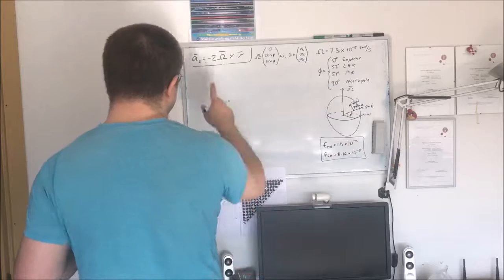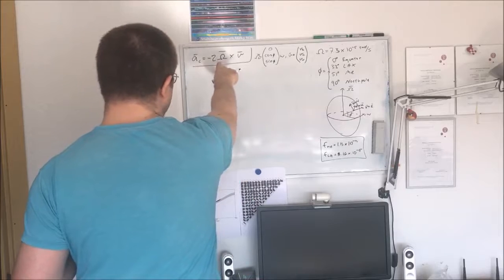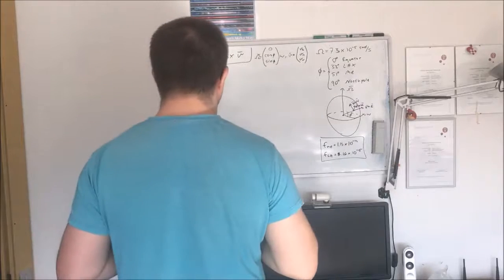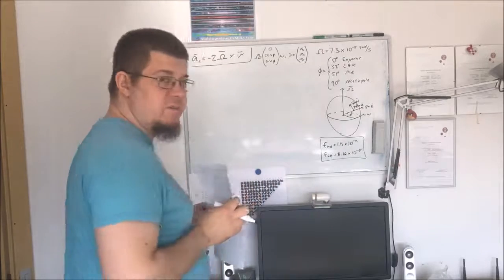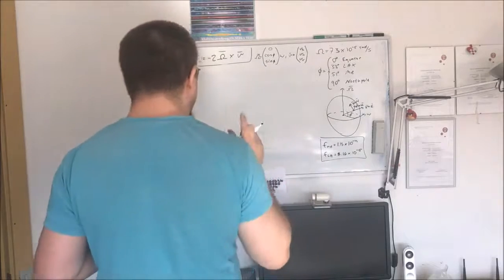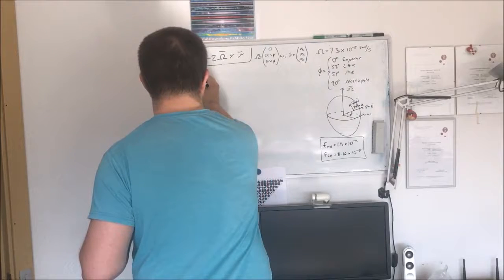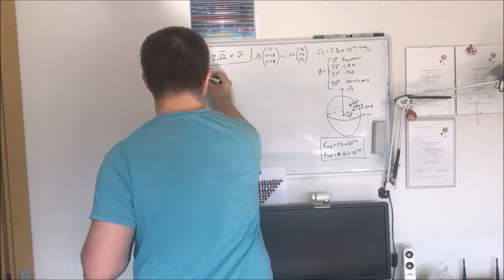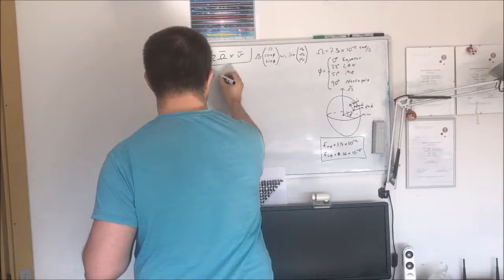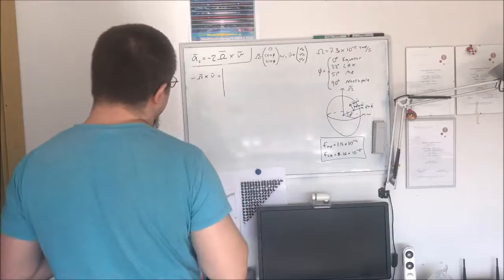So in essence, you can say that we have minus 2. Now the 2 is not a part of the cross product, but in essence what we want to find is the cross product of minus omega crossed with v. So we did as we did before.